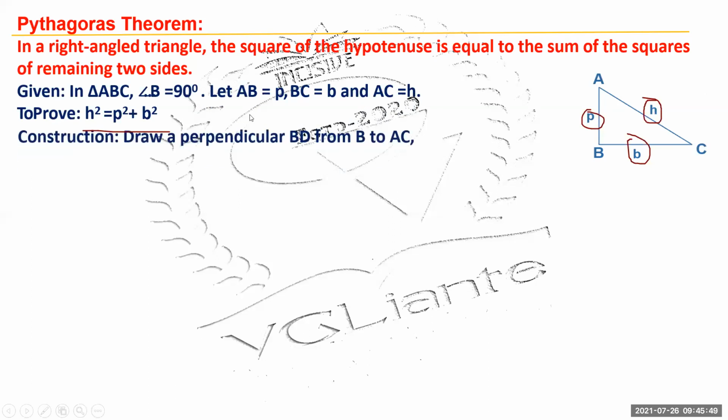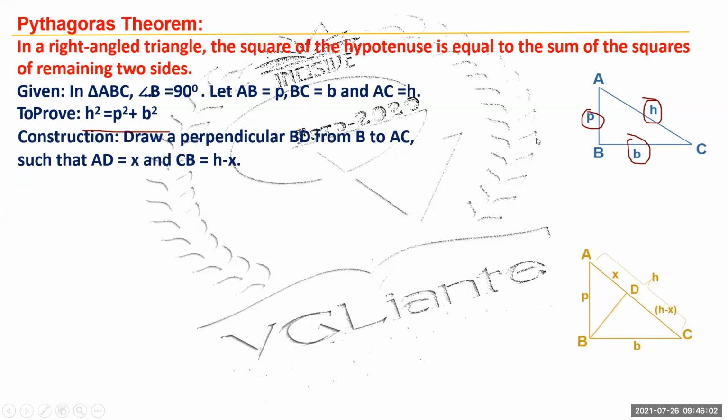So construction. You draw perpendicular BD from B to AC such that AD equals x and CD equals h minus x. You've drawn this perpendicular. Perpendicular here means the altitude, basically.